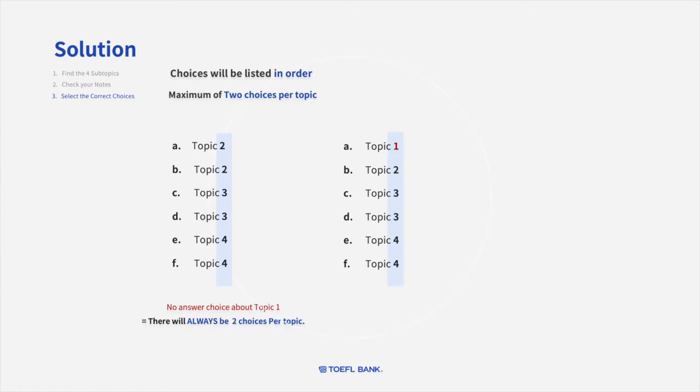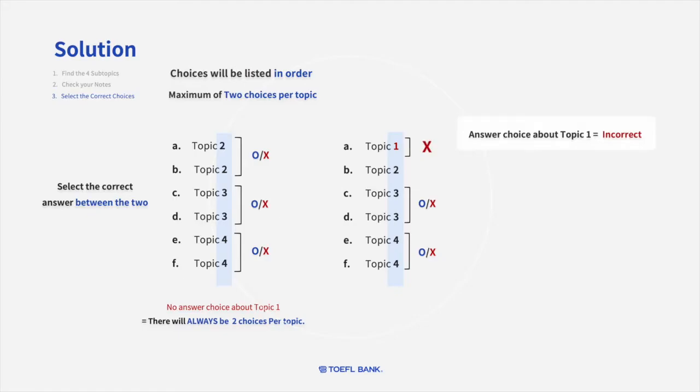Your goal was to find the correct answer choices for topic 2, 3, and 4, which means since there are 2 answer choices for each topic, all you have to do is to select the correct choice between 2 answer choices for each topic 2, 3, and 4. But there are cases where one of the choices is about subtopic 1. The choice that matches the idea of the introductory sentence, as in subtopic 1, that choice is a 100% incorrect choice.